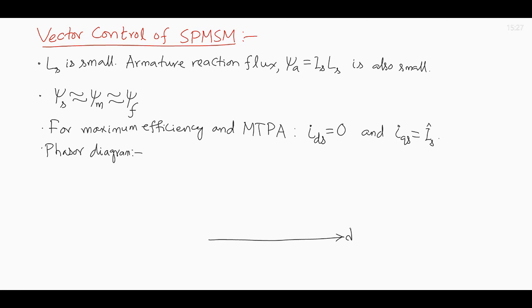So, this horizontal axis is the D axis, and the vertical axis is the Q axis. D and Q axis are rotating at synchronous speed omega E. Along the D axis, field flux linkage psi F is there.